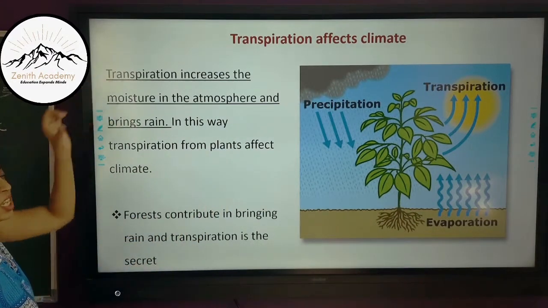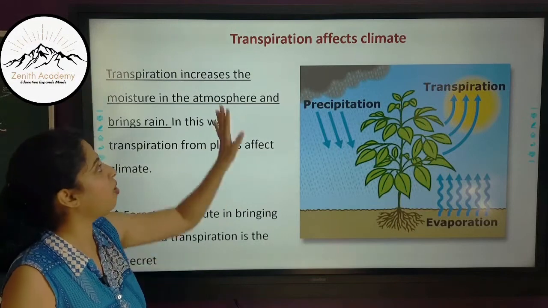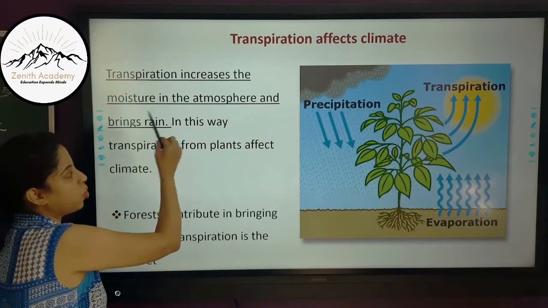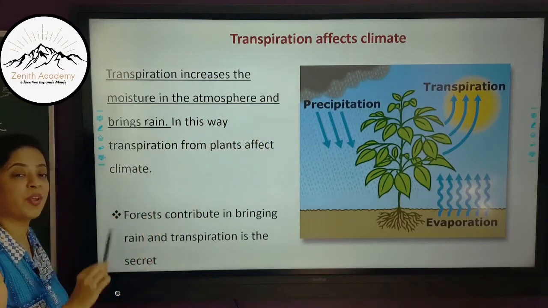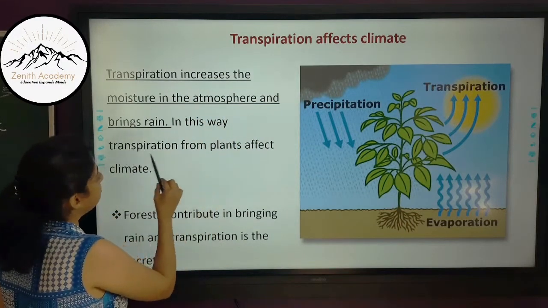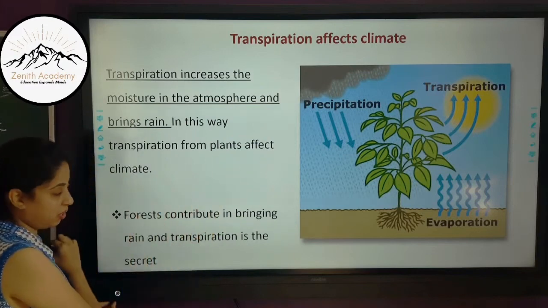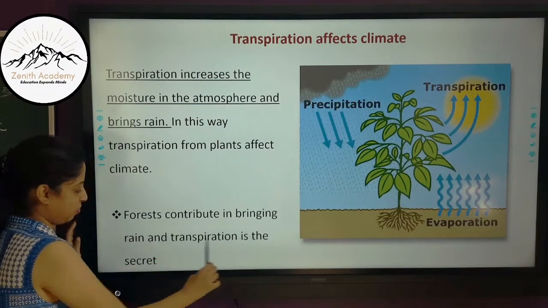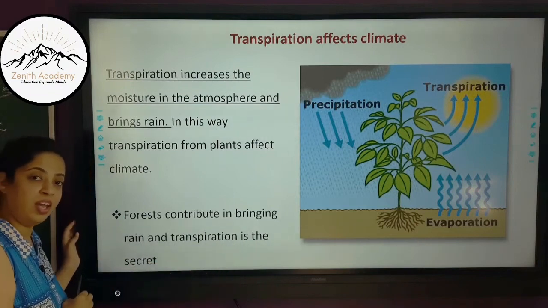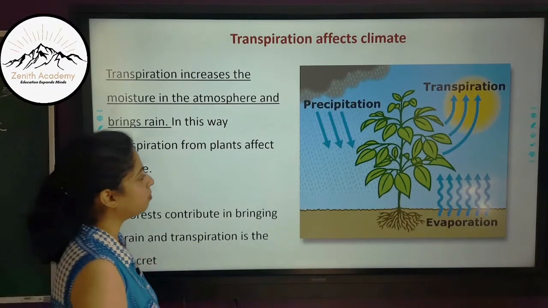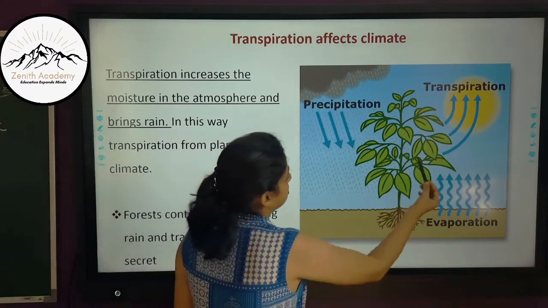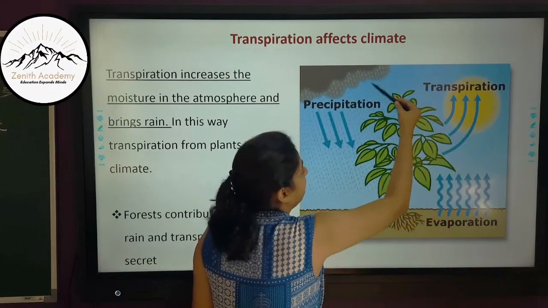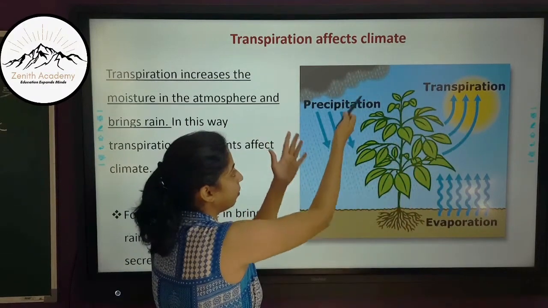So that is a simple one line answer of how transpiration affects climate. In this way, transpiration from the plants affects climate. So forests contribute in bringing rain, and transpiration is the secret why it brings rain. You can see that from the plant surfaces the transpiration happens and it collects, forms clouds and brings precipitation.